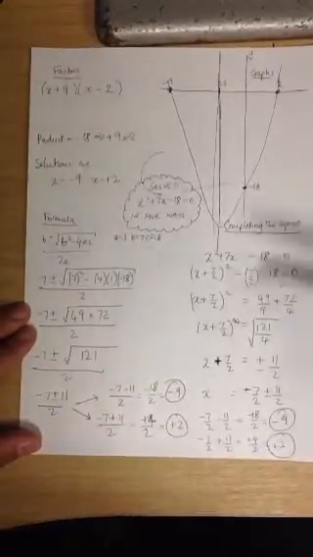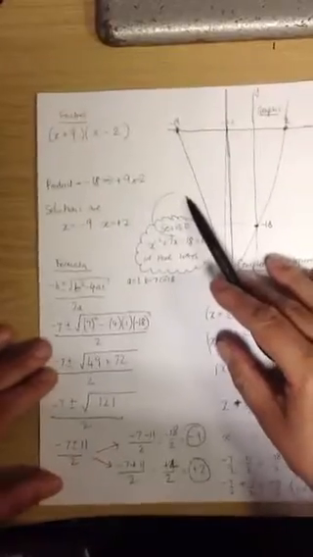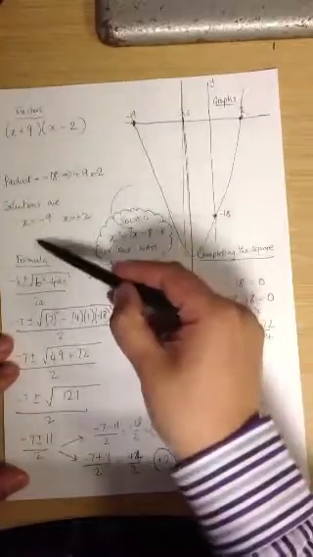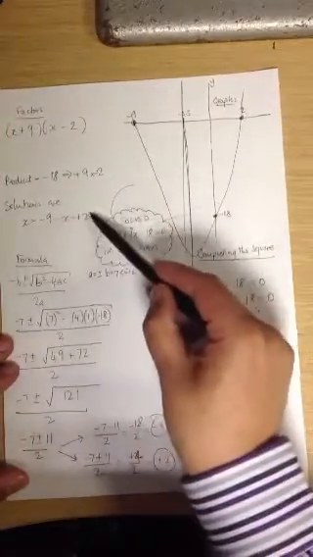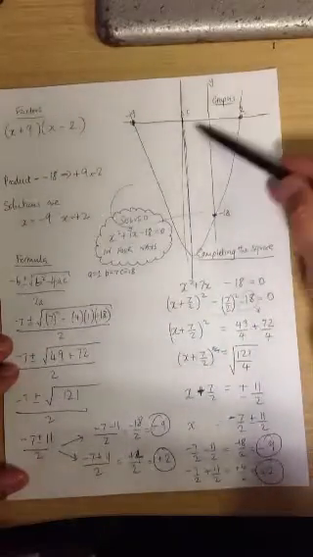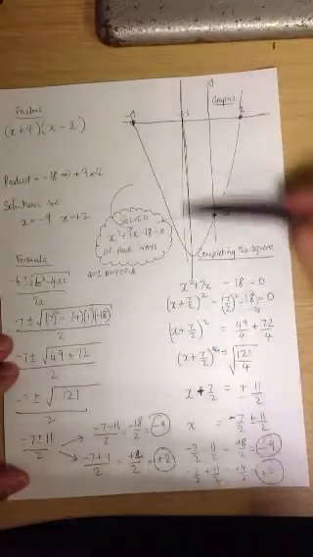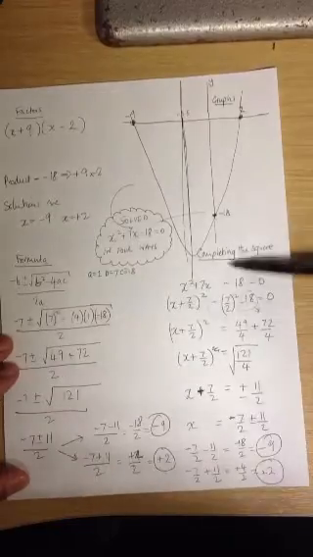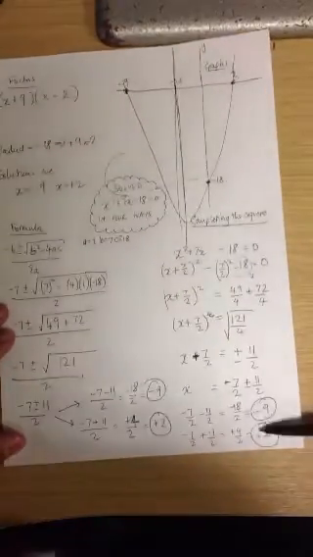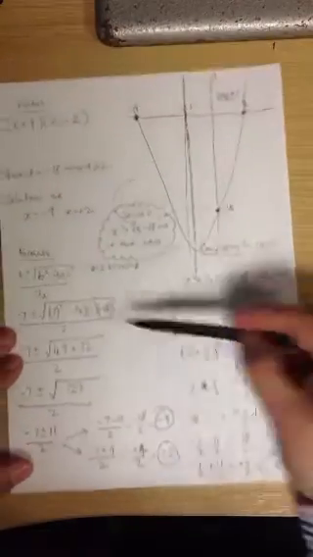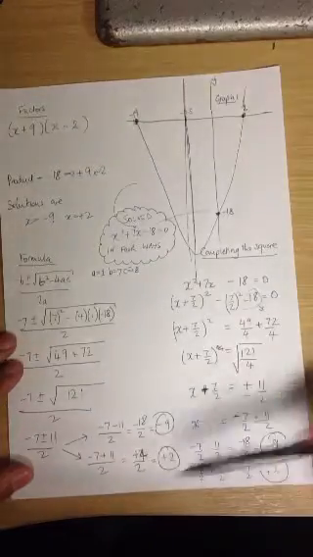And we can see we have, right at the start, we got solutions of minus 9 and plus 2. We've graphed them to see what's going on, finding the line of symmetry. We've then completed the square and got the same two answers. And then we've used the formula and got the same two answers.